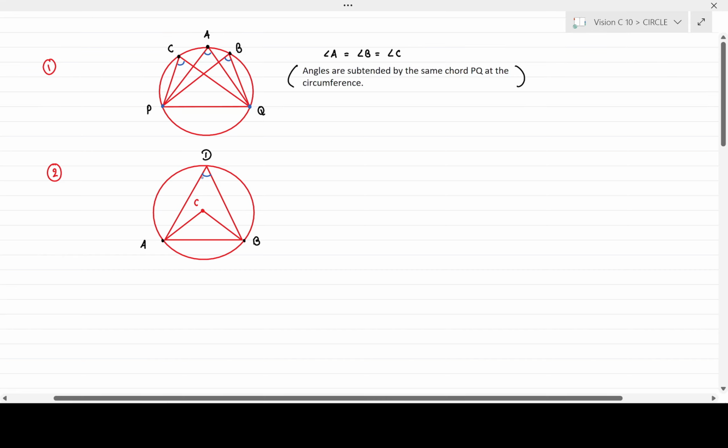This angle is subtended at the circumference, whereas this angle is subtended at the center, as the marking represents on the screen. The angle subtended at the center of the circle will be double the angle subtended at the circumference. If here it's x degree, here it must be 2x degree.